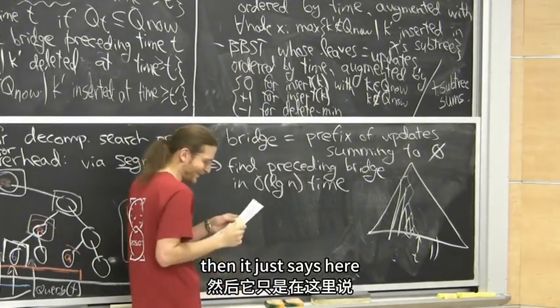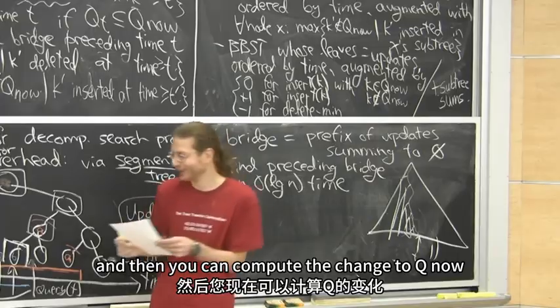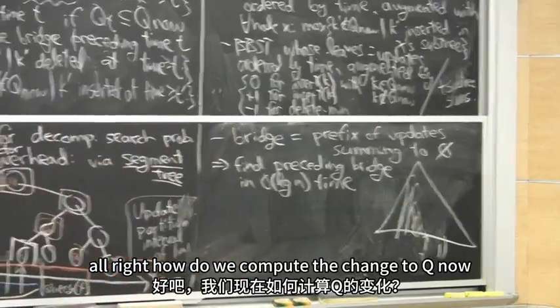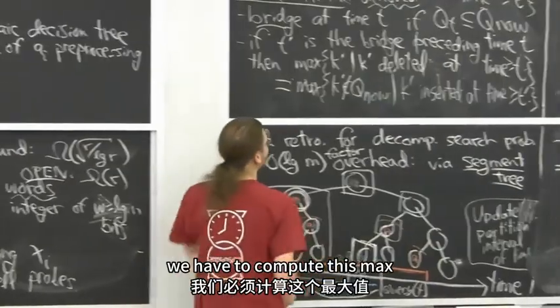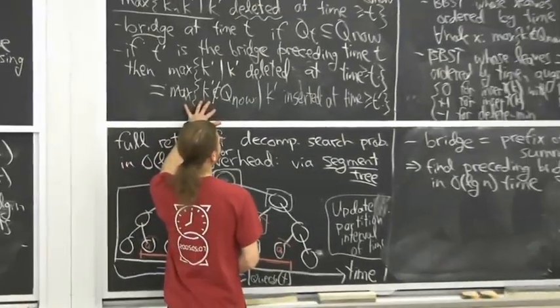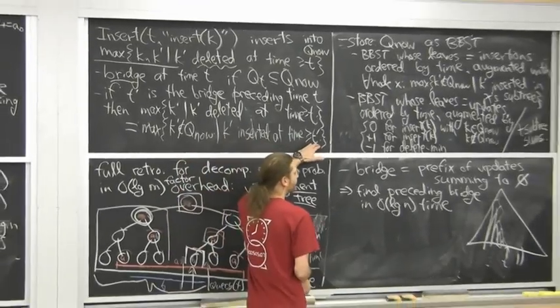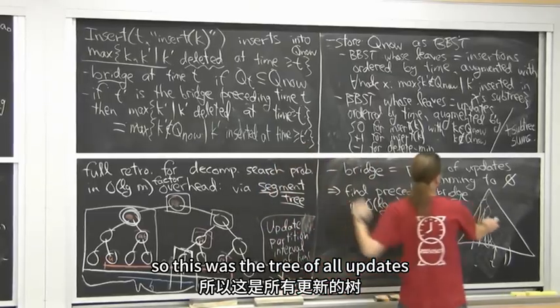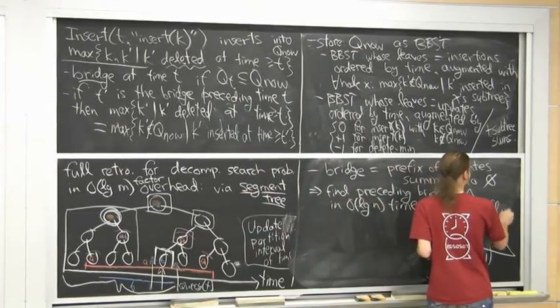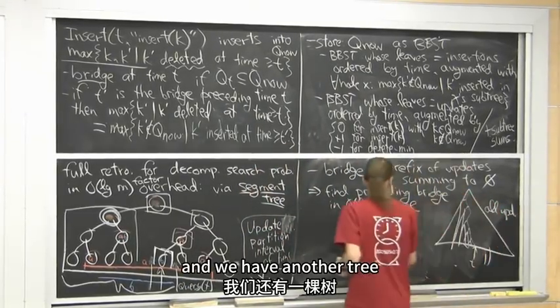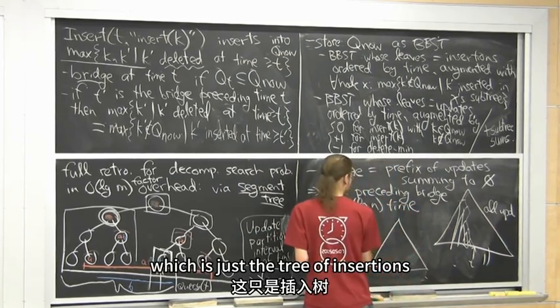Then it just says here, and then you can compute the change to Q now. All right, how do we compute the change to Q now? We have to compute this max of all the keys that are inserted after time t prime. So this was the tree of all updates. And we have another tree, which is just the tree of insertions.